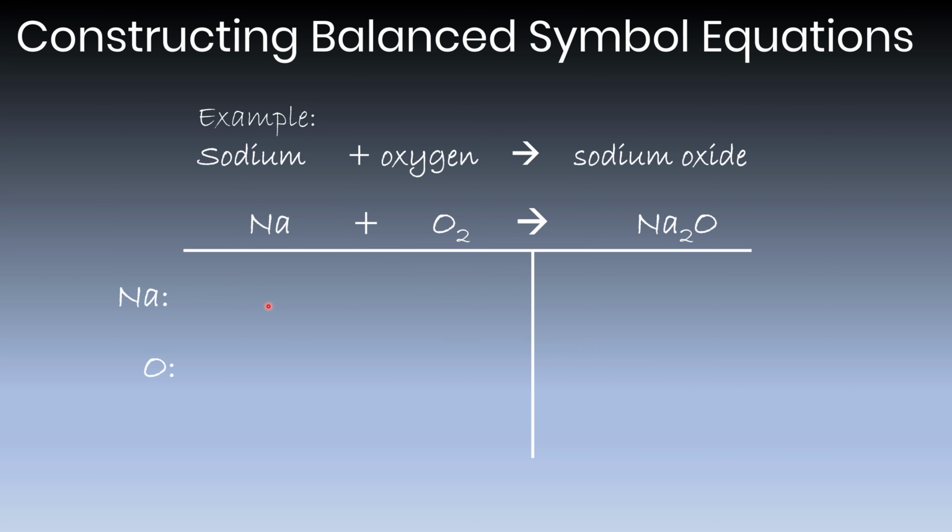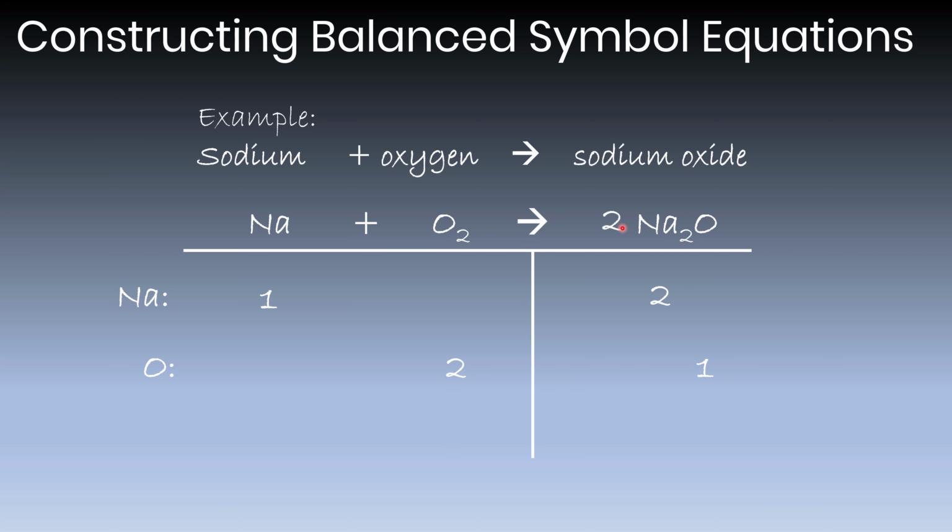Counting the sodiums on the left, we have 1 atom, whereas on the right, we have 2 atoms. Counting the oxygens on the left, we have 2 atoms, whereas counting the oxygens on the right, we only have 1 atom. I need to balance for both sodium and oxygen. So oxygen needs to therefore be multiplied by 2 in order to make it the same as this side.